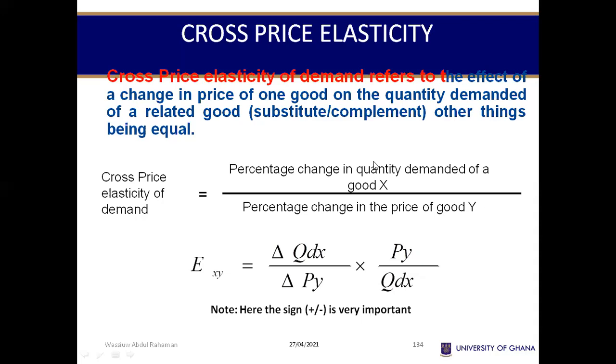For the relatively price elastic, it means that the own price elasticity of demand is greater than 1, but of course less than infinity. If it's greater than 1, it means that the percentage change in quantity demanded as a result of a percentage change in price is greater than the percentage change in the price.